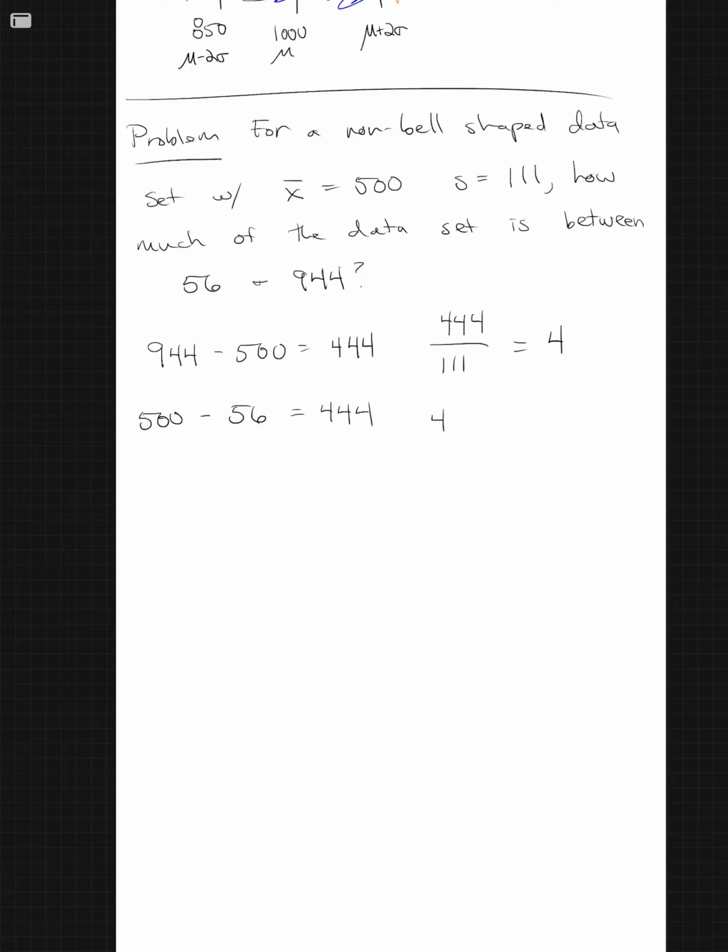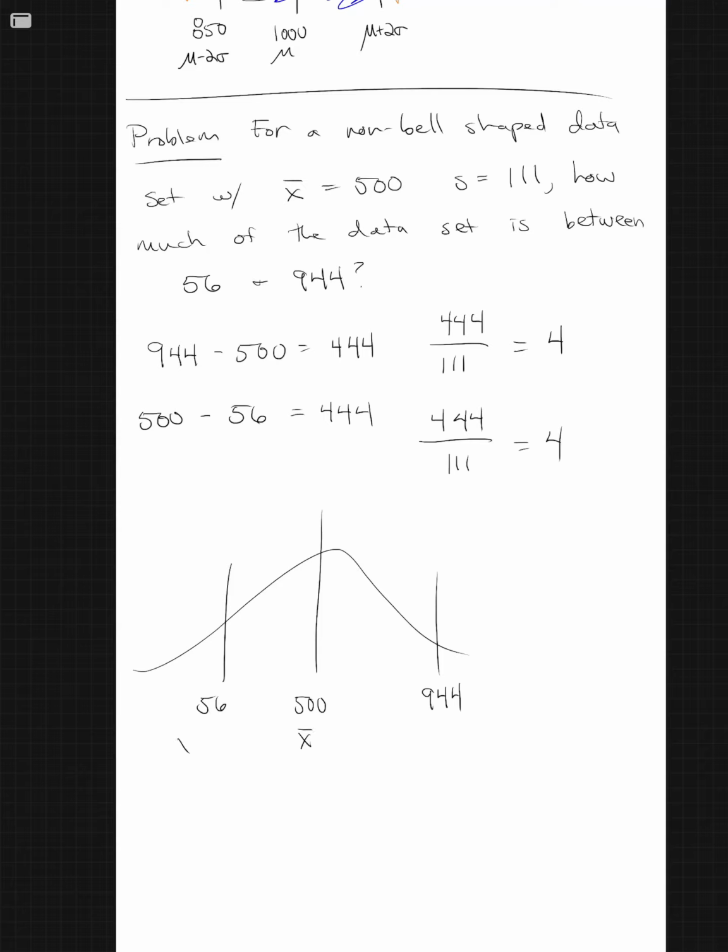And it turns out we do, which is good. So if we have our data set, who knows, maybe it's a little wonky. We have 500 here somewhere. We have 56 and 944. And this is x bar and this is x bar minus 4s. And this is x bar plus 4s.